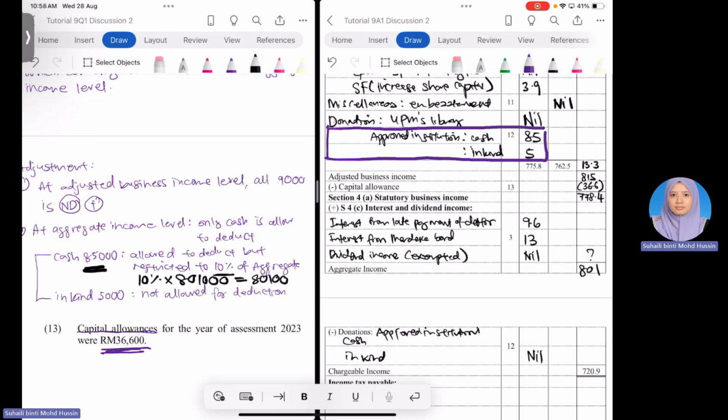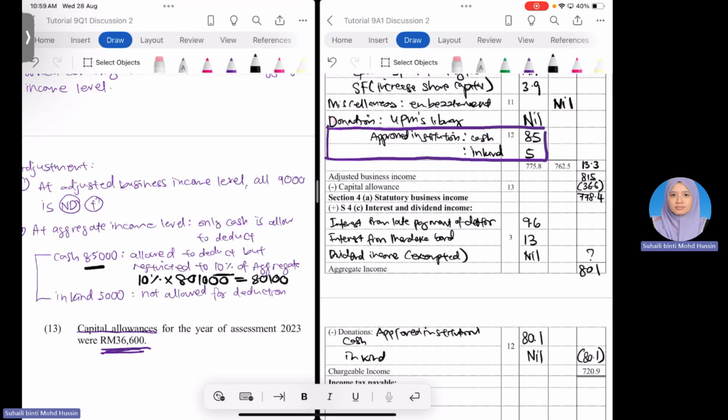Then the aggregate income minus the donation. Then you get the chargeable income, 720,900 ringgit.